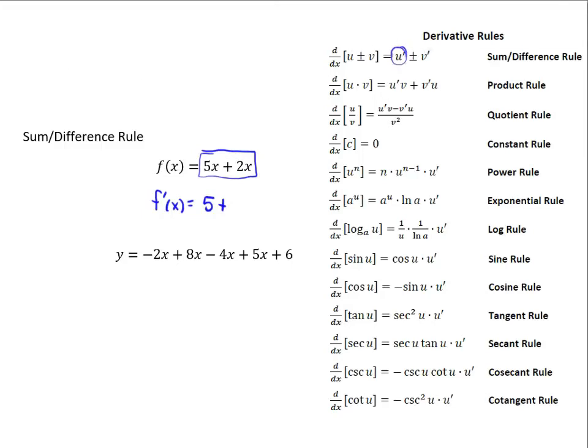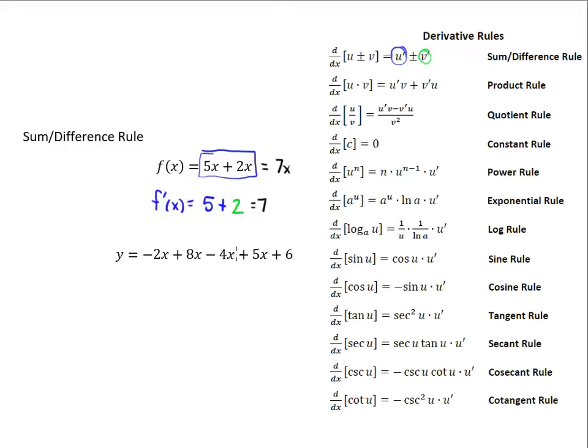Now I need to take the derivative of the second term, which is 2x. The derivative of 2x is 2. And my answer is 5 plus 2, or, if you want to, you can say it's 7. Which makes sense because if I add these two together, before I even do any calculus, I get 7x. And what is the derivative of 7x? It is 7.